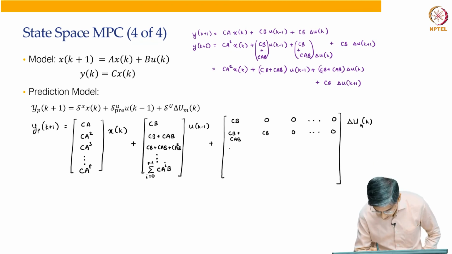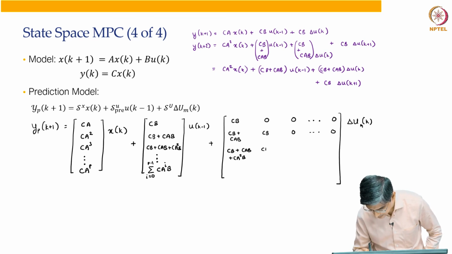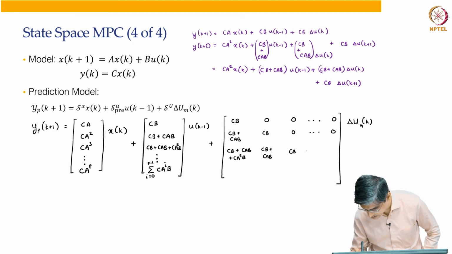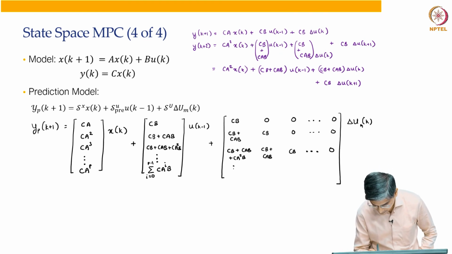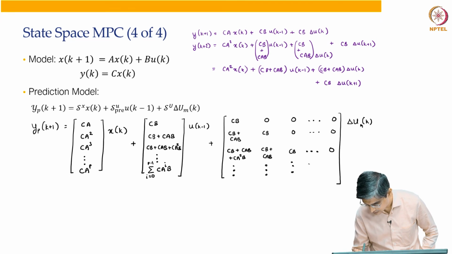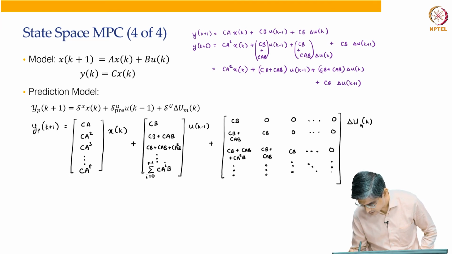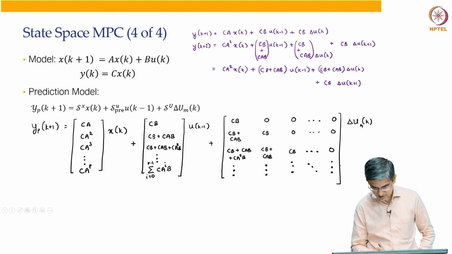The third one is going to be Cb plus Cab plus Ca squared b. Then we will have Cb plus Cab, this is going to be Cb and then 0.